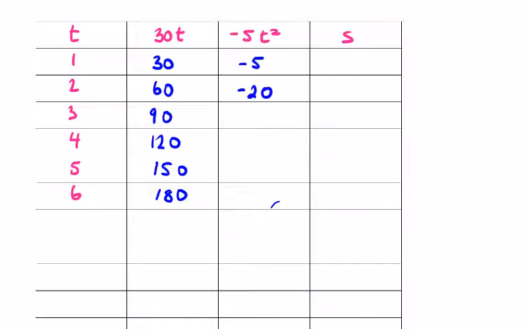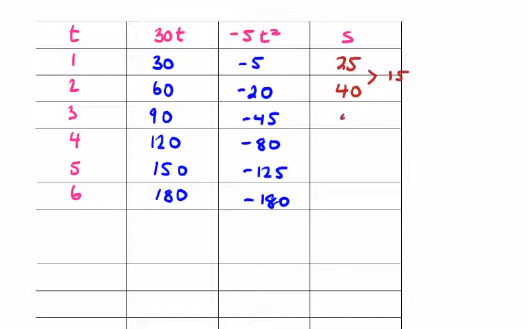Minus 5 by 4, minus 5 by 9, minus 5 by 16, minus 5 by 25, and minus 5 by 36, the same as the previous question. And if we add these two numbers together, 30 minus 5 is 25. It's climbed 25 in the first second. Up to 40, it's only climbed 15.